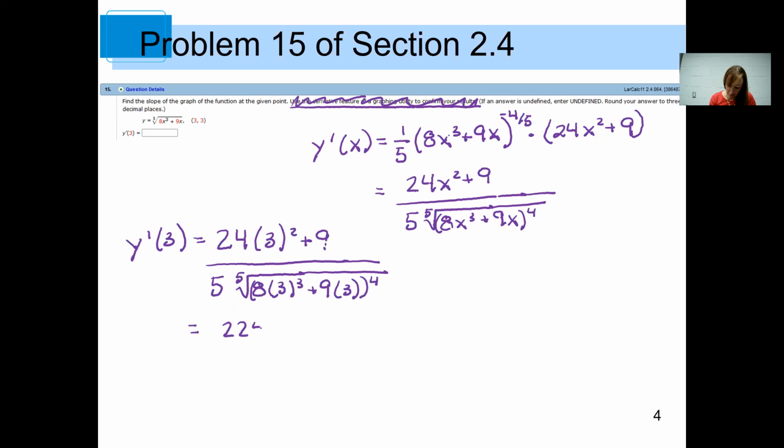In the numerator, we have 225, and that's going to cancel with that 5, and then the fifth root.